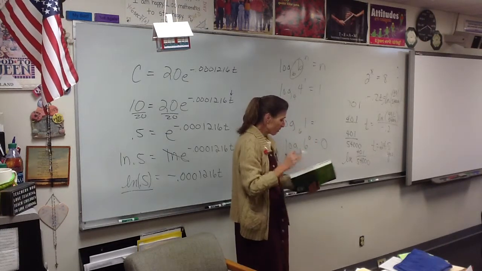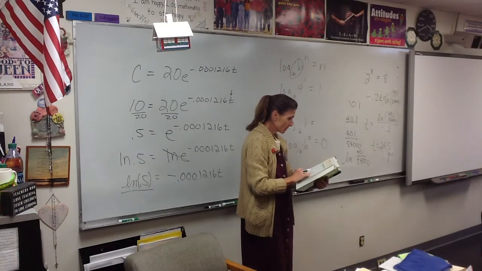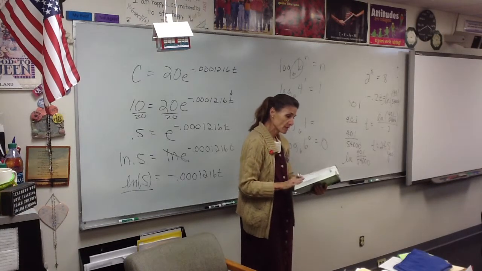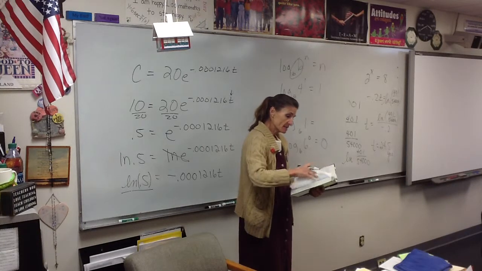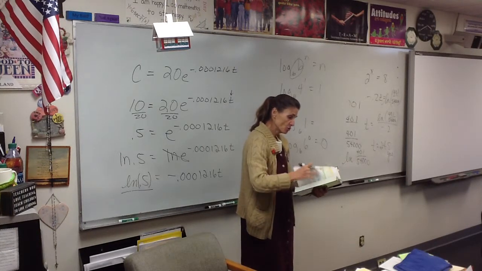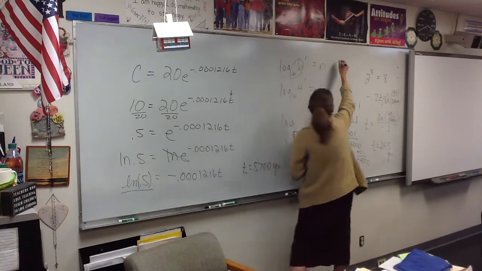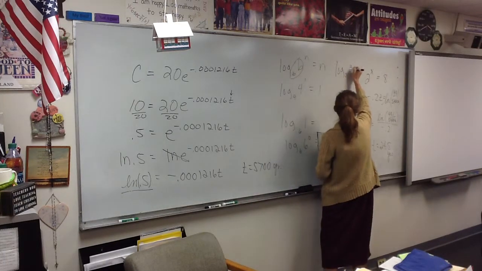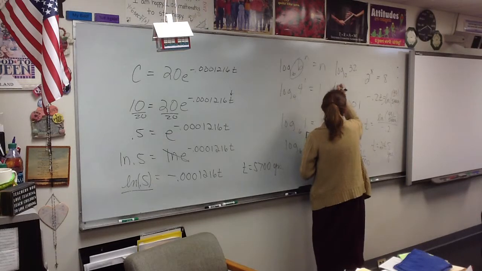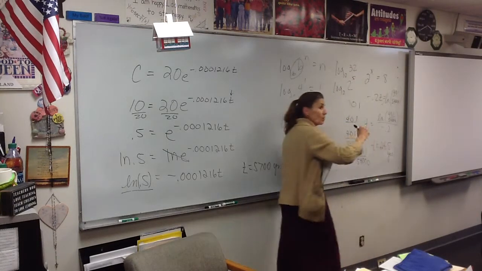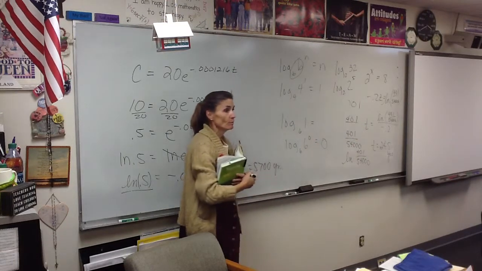It's exactly what we're going to do in number 3, because it says the log base 2 of 32. Well, how are you going to think about 32? 32 is 2 to the 5th. So what's the log base 2 of 32? 5.